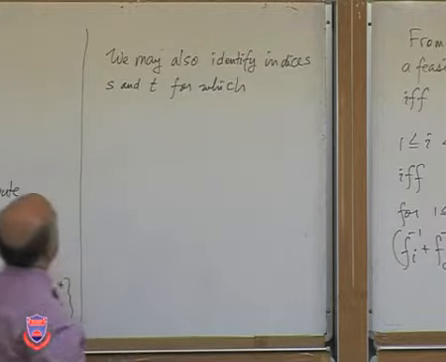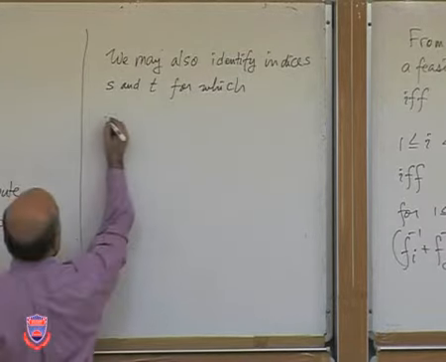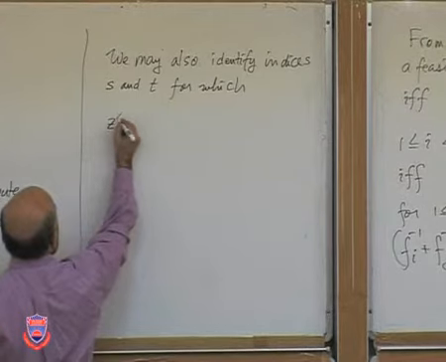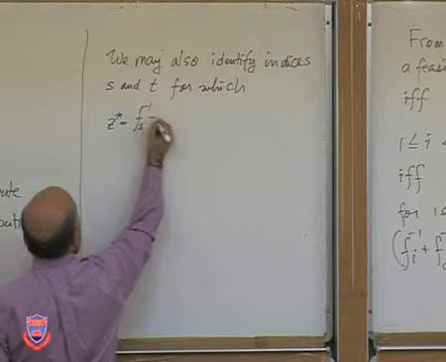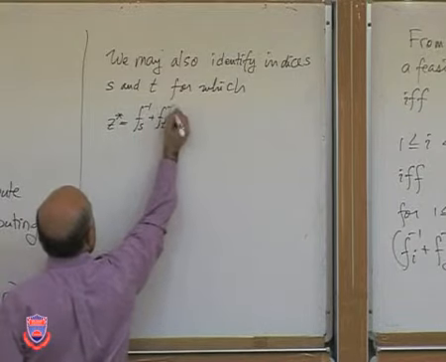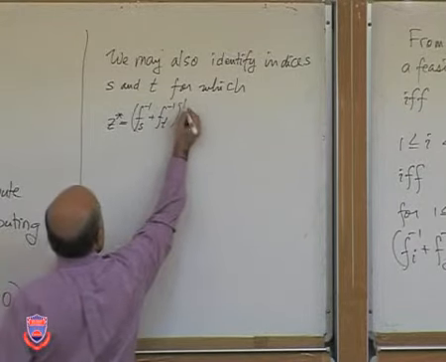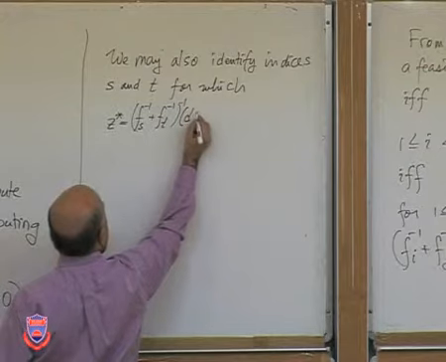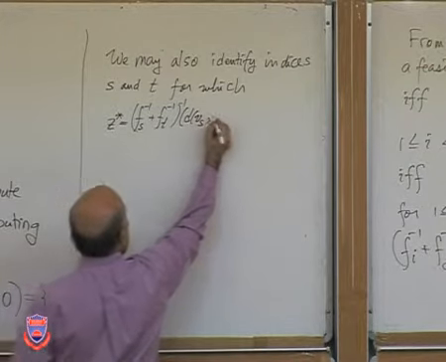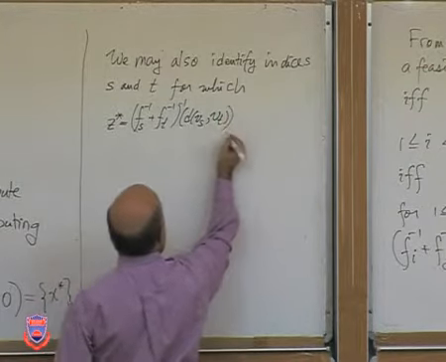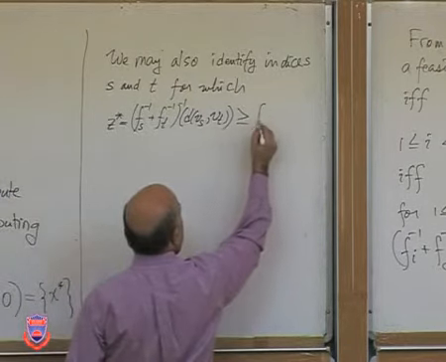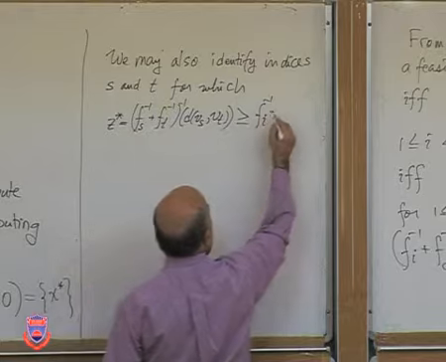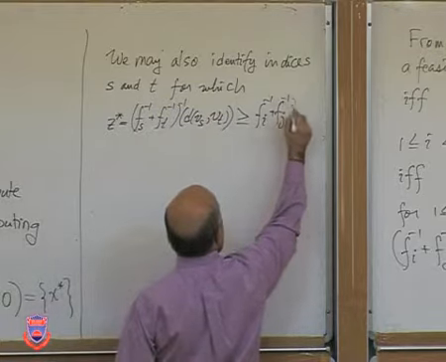So we may also identify the indices S and T for which z star is equal to Fs inverse plus Ft inverse, the distance between S and T, which is greater or equal to every other Fi inverse plus Fj inverse.